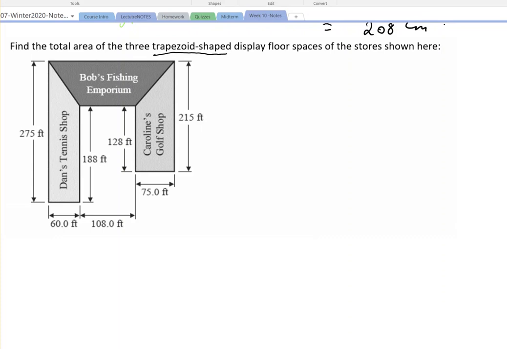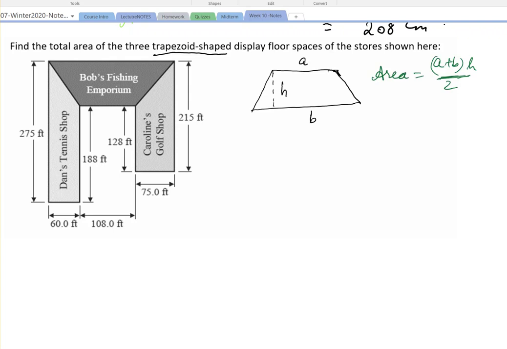So we can figure out the area of Dan's tennis shop, the area of Bob's fishing emporium, and the area of Caroline's golf shop. Recall that we just learned today that the area of a trapezoid with parallel sides a and b and a vertical height h is given by the formula (a plus b) over 2 times h. So I'm going to use this formula to figure out the floor area of the different shops.